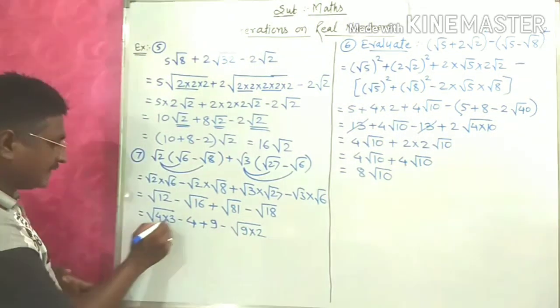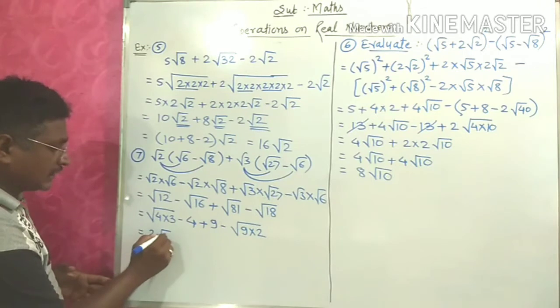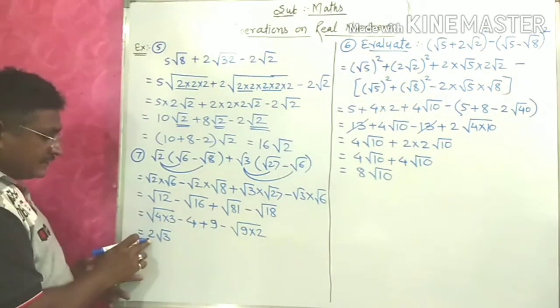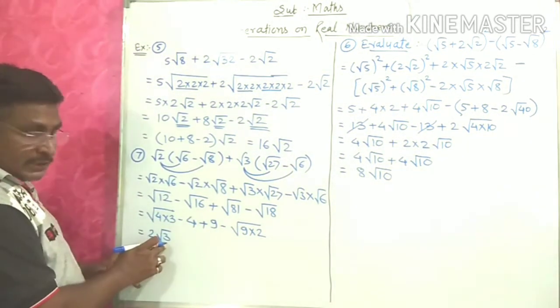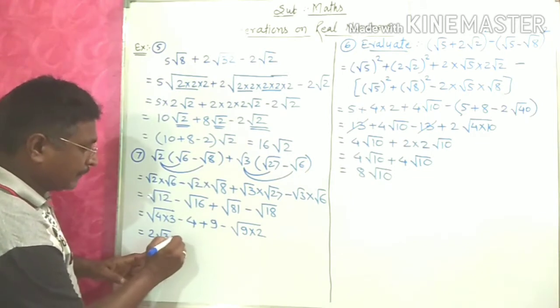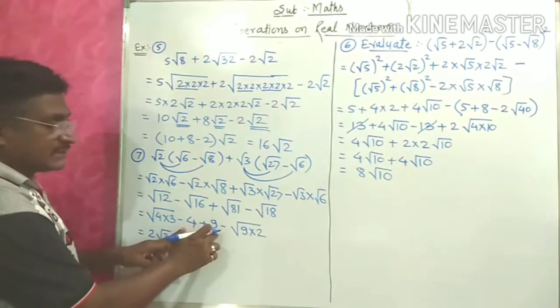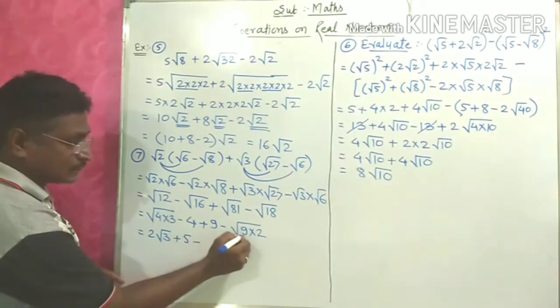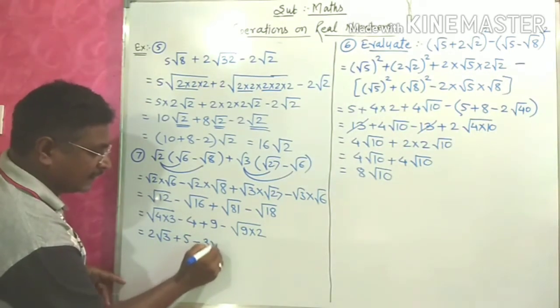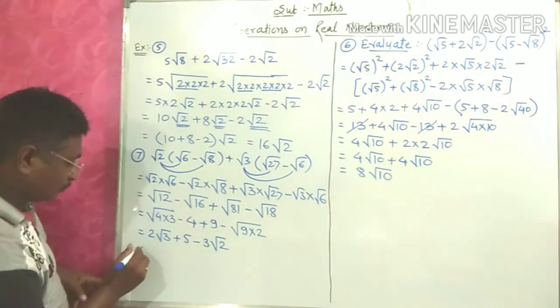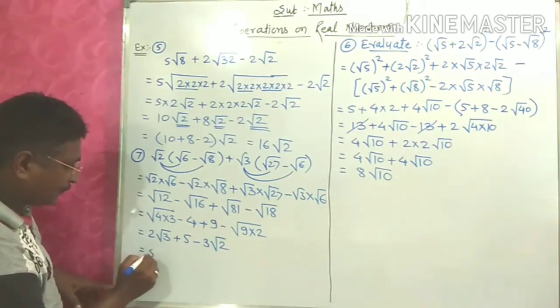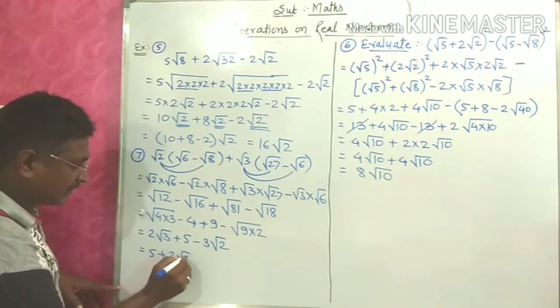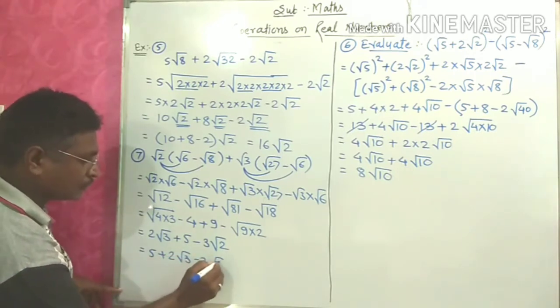So what is the answer? 2 root 3, square root of 4 is 2. So root 3. Now here plus minus, 4 plus 9. So what will we get? 5. Minus square root of 9, 3 root 3. So what is the final answer? 5 plus 2 root 3 minus 3 root 3.